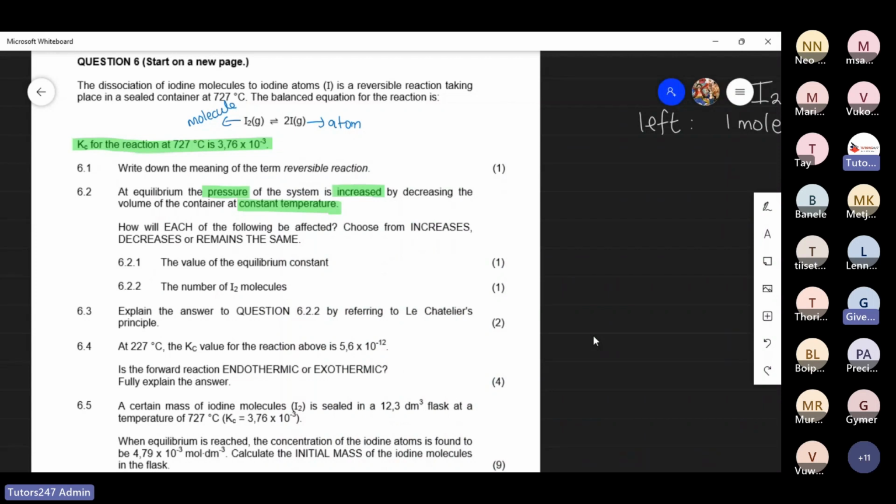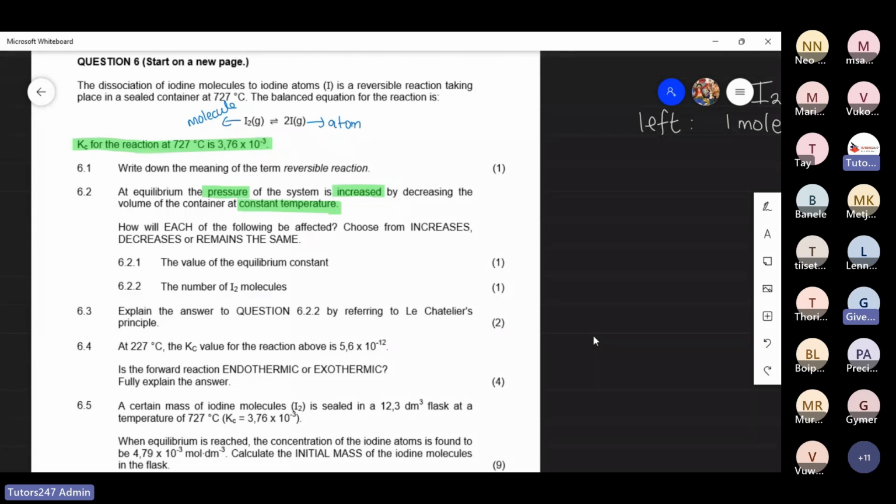So we've got question 6.2.1, the value of the equilibrium constant. Do you remember previously I highlighted 2 important pieces of information? The second piece of information was constant temperature. We know that Kc changes as temperature changes.